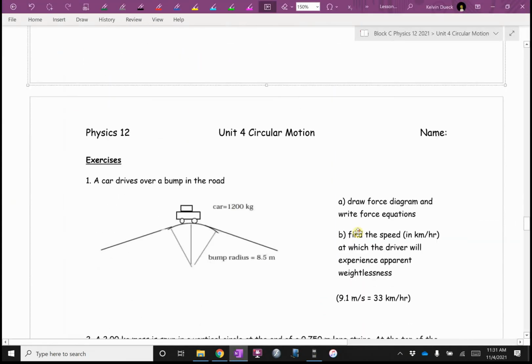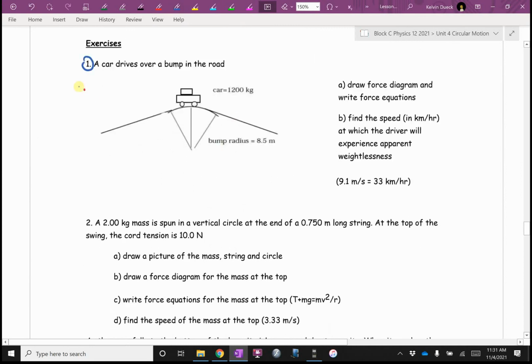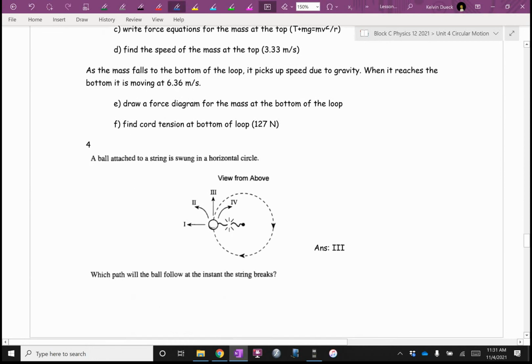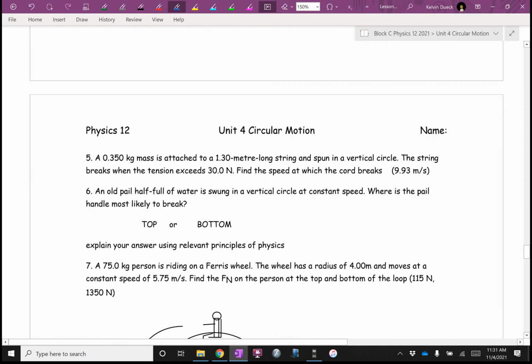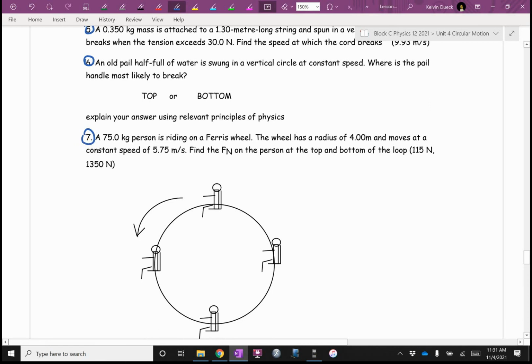What's your homework? Number 1. Number 2. You can skip number 3. Haha. 4 is good. 5 is good. 6 is good. 7 is good.